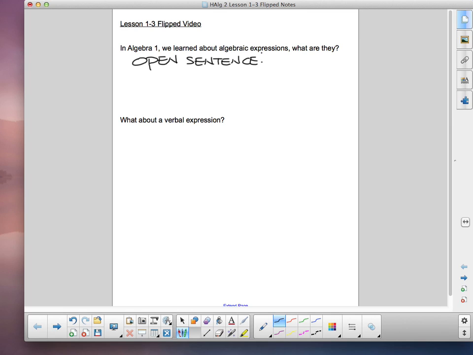So 3x plus 2. That's an open sentence. Okay, the other kind of algebraic expression that we have that we actually deal with more, we're familiar with, it's called an equation. Okay, an equation has an equal sign. Okay, and an equation we can solve. We can get a solution to an equation.